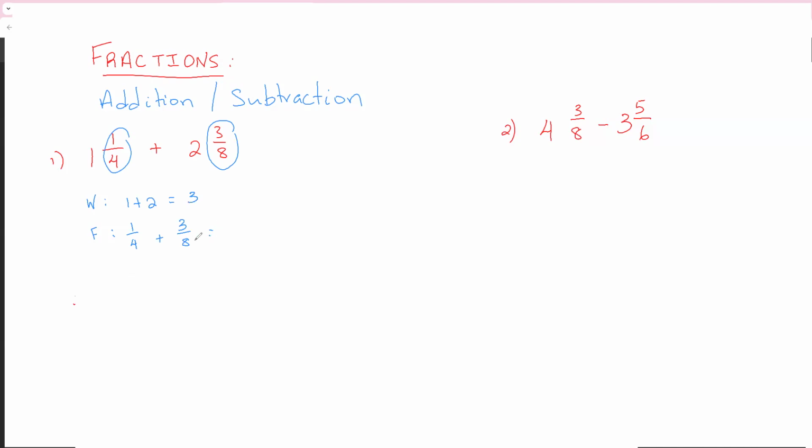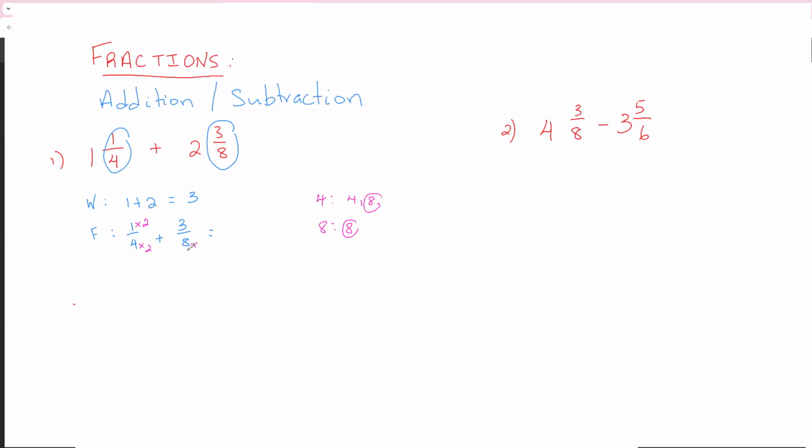And then we're going to add the fractions. Now, I cannot add the fractions because the denominators are different. So we have to find the LCM. By now, you should be able to know that the LCM of 4 and 8 is 8. Whatever I do to the bottom to make 4 8, I also do it to the top, correct?